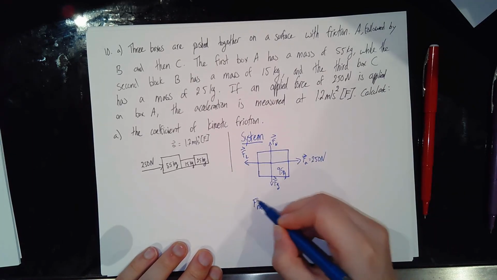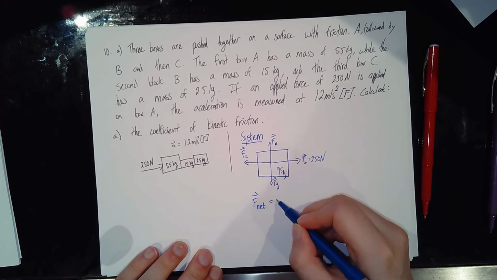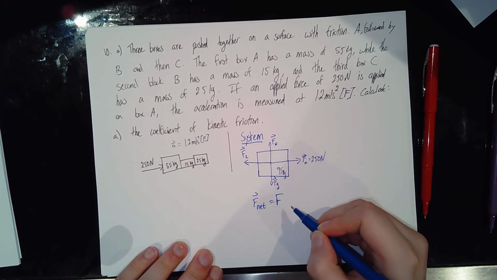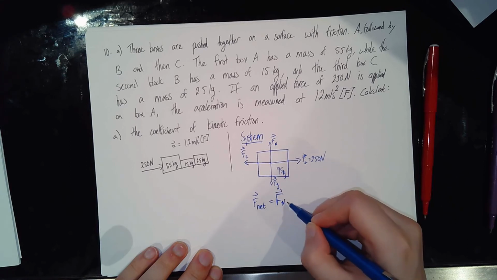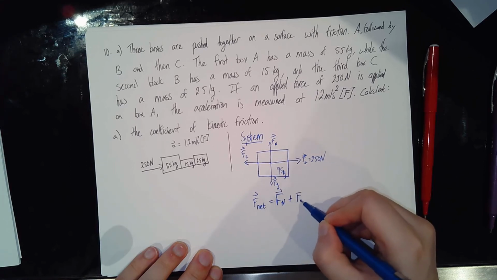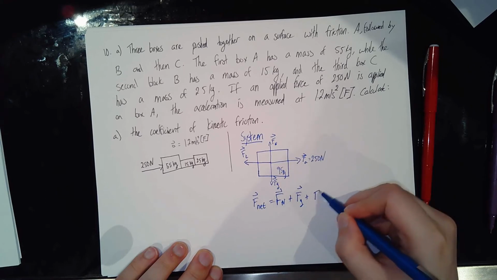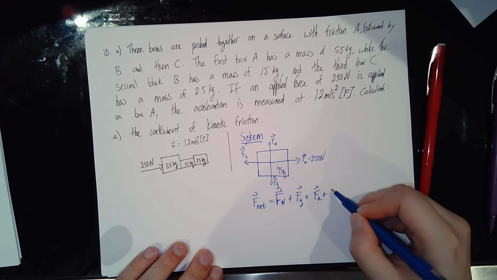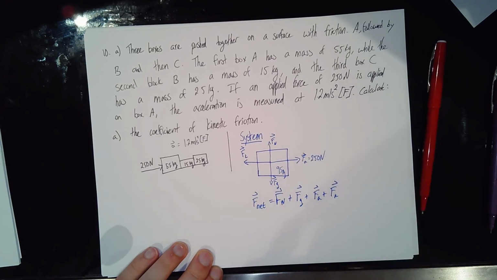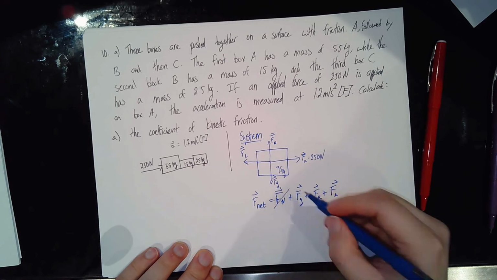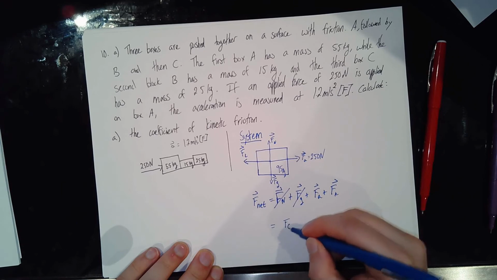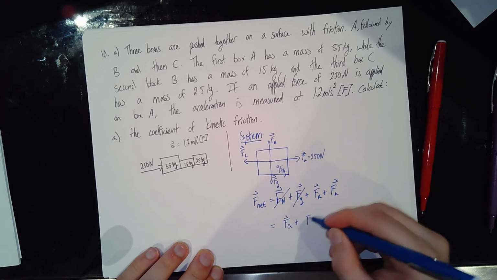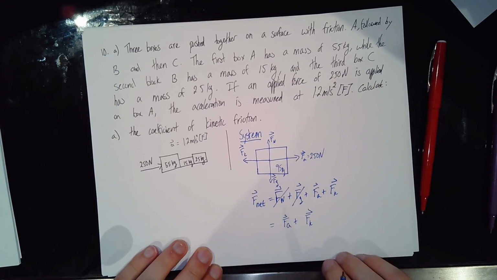We know that our net force is going to be equal to the sum of all these forces, right? So that's going to be the normal force plus the force of gravity plus the applied force plus the force of kinetic friction. As usual, these two are going to cancel, and so we're left with the applied force plus the force of kinetic friction.